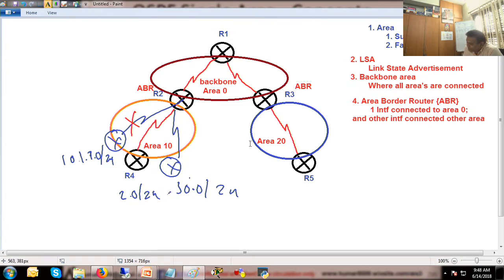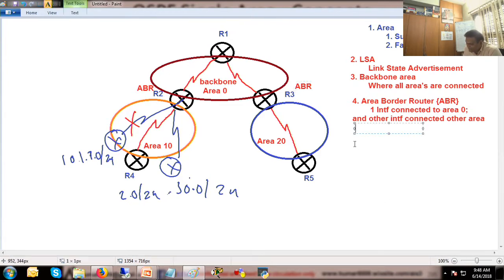Now, next is ASBR. What is ASBR? Autonomous System Boundary Router.